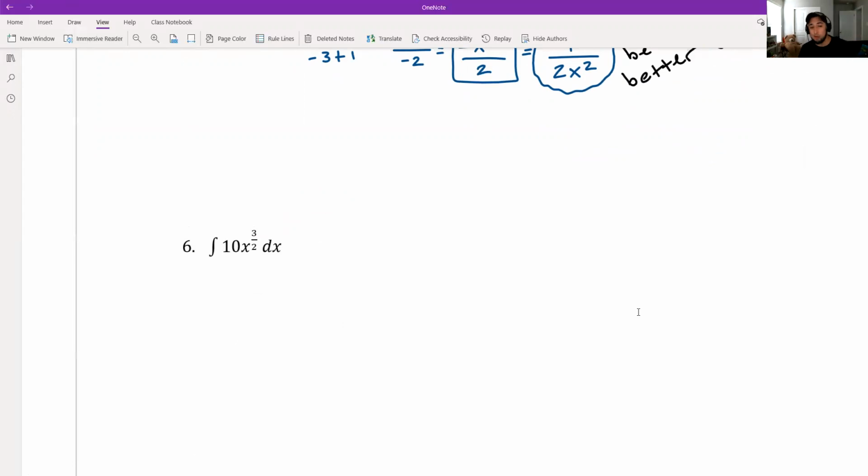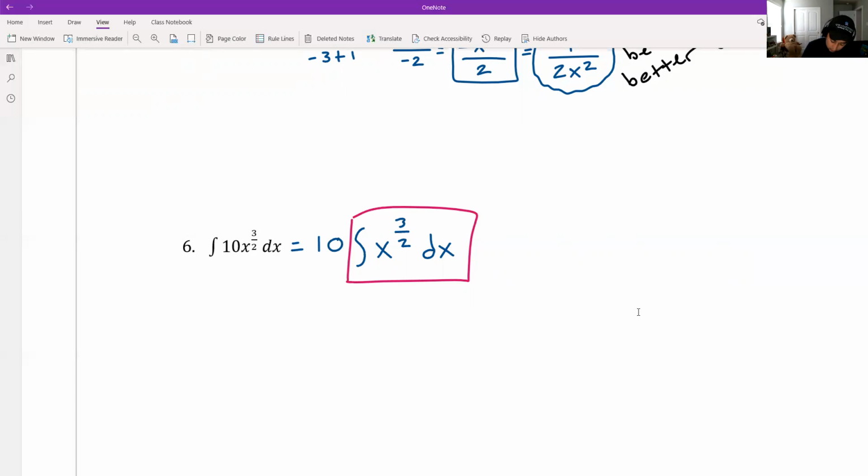First thing we're gonna do is take the 10 out. 10 times the integral of x to the 3 halves dx, where all we have to worry about is the integral of this part, which again is going to use the most popular rule, power rule. So the 10 waits, bracket for neatness, x to the 3 halves plus 1 over 3 halves plus 1.